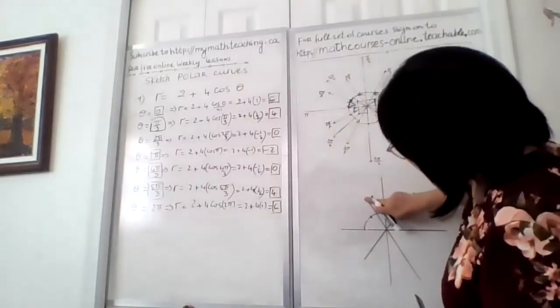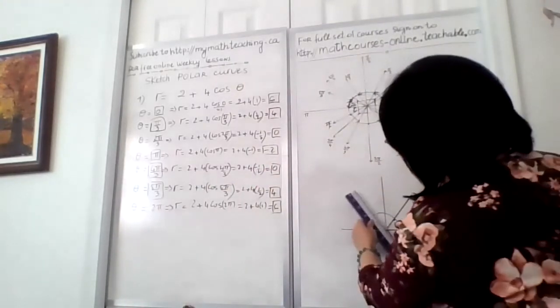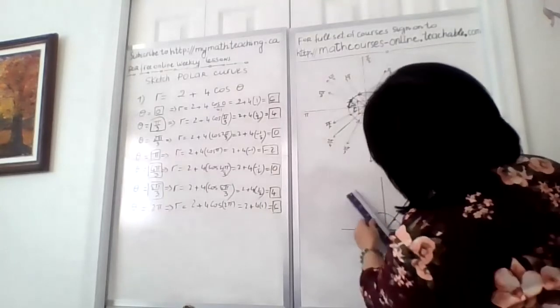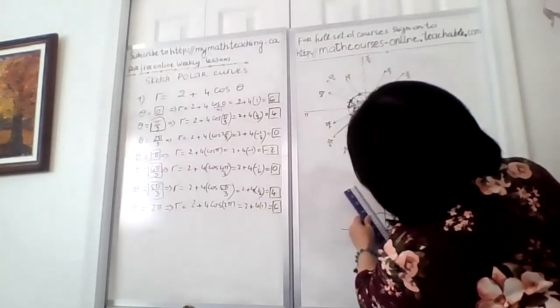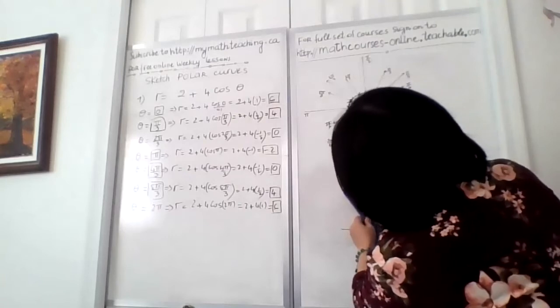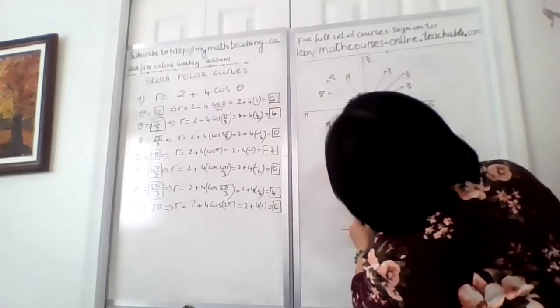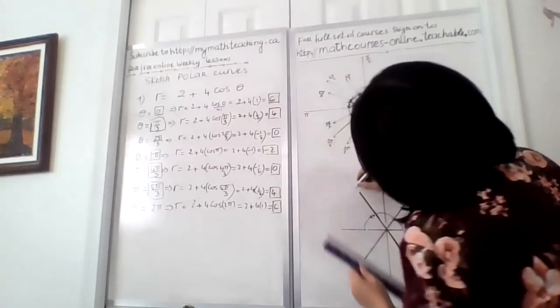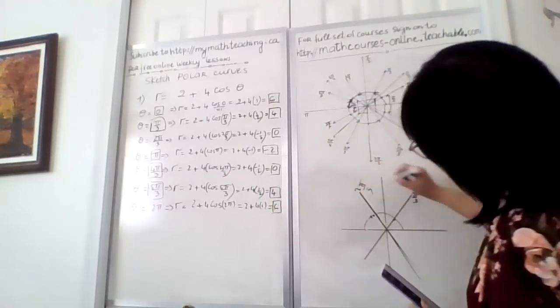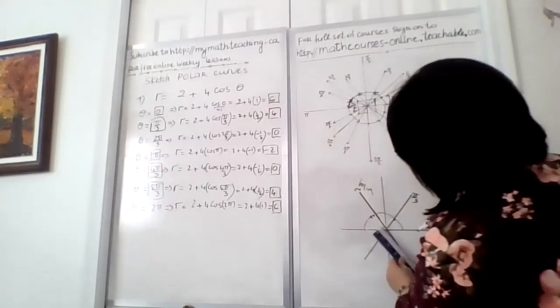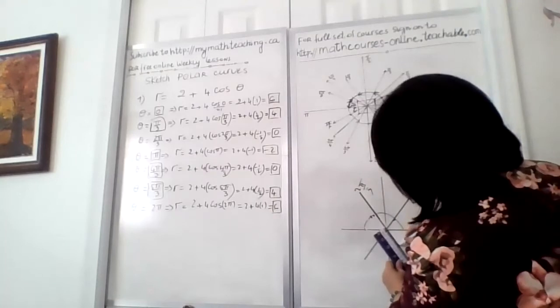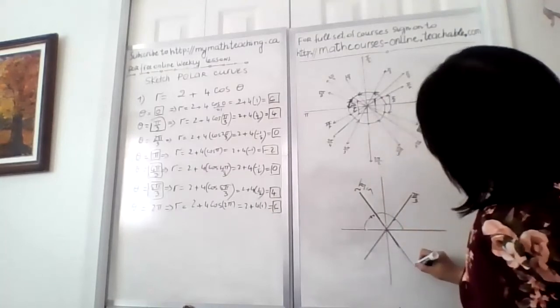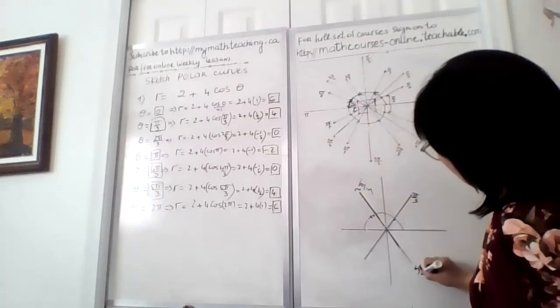This will give me a little bit off, right? So this is 2 pi over 3, right? And this will be 5 pi over 3.